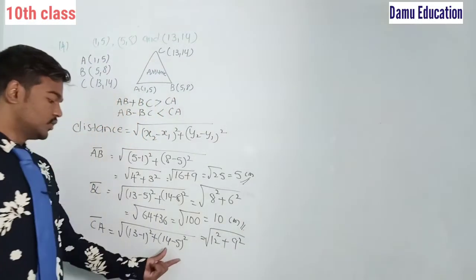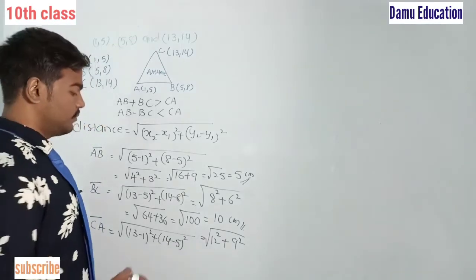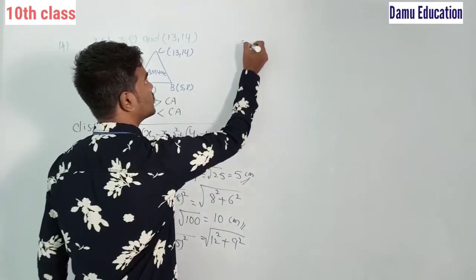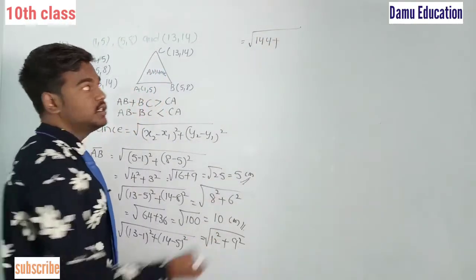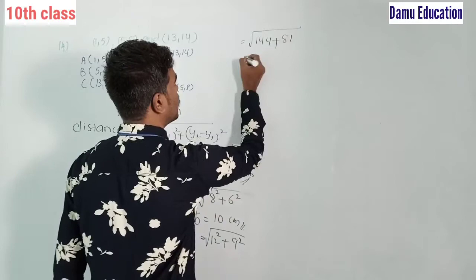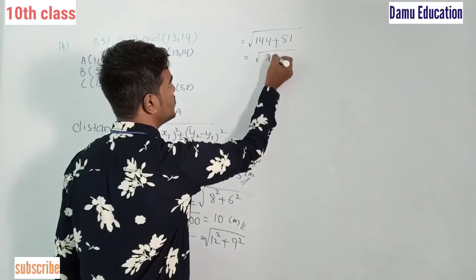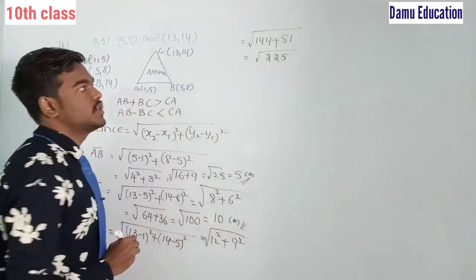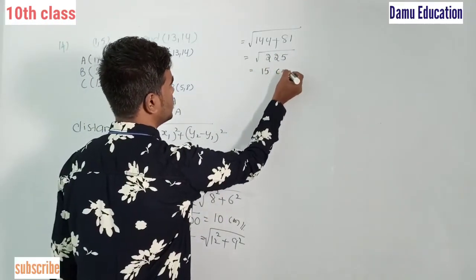So the square root of 144 plus 81. What value do we get here? 225, that is 15 square, so 15 centimeters.